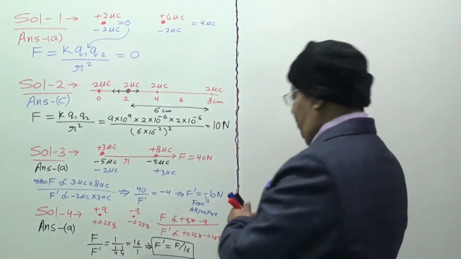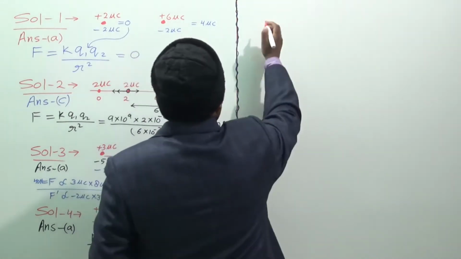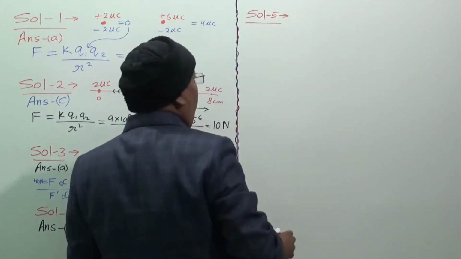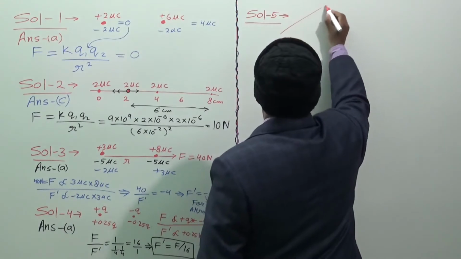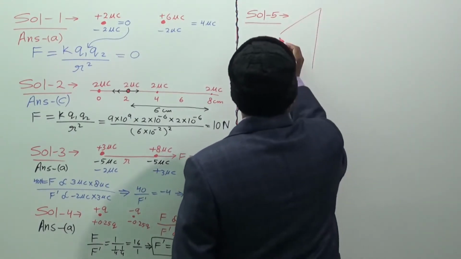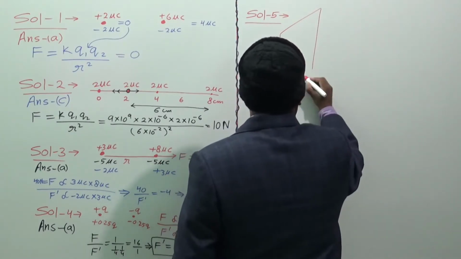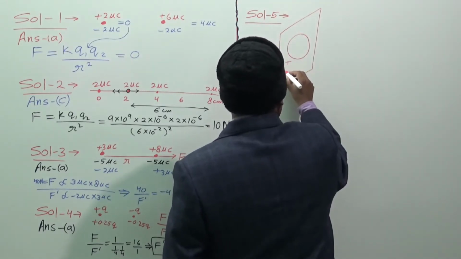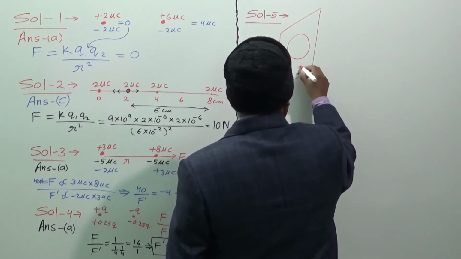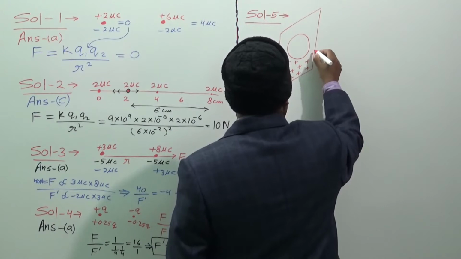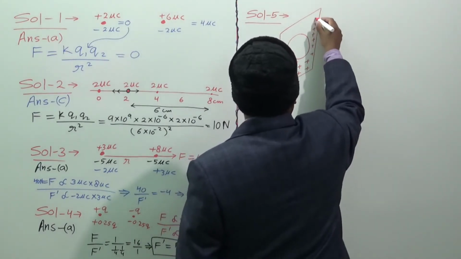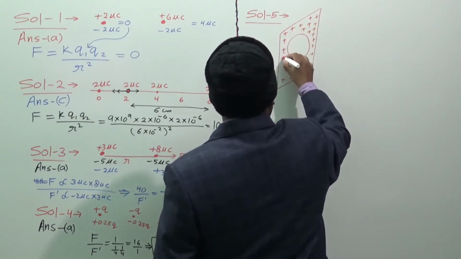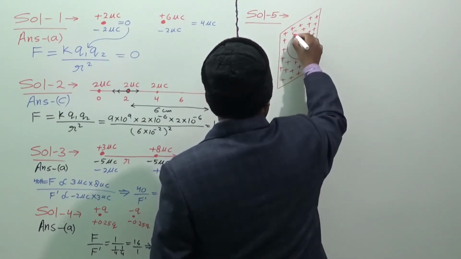Here in question 5, an infinite sheet is present which has a circular cavity, and the charge density on the plate is small sigma.